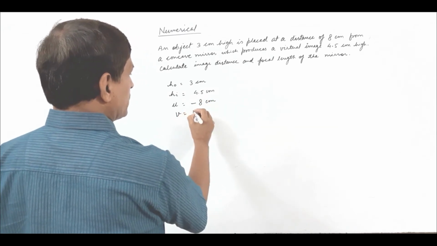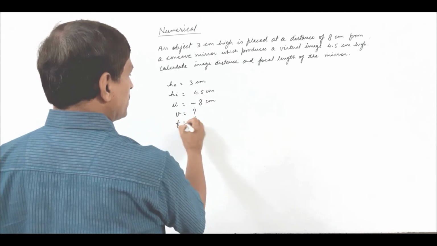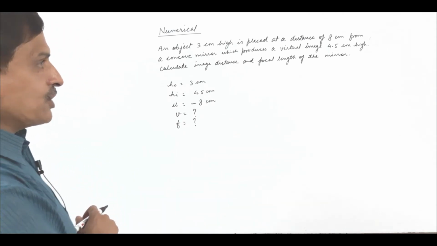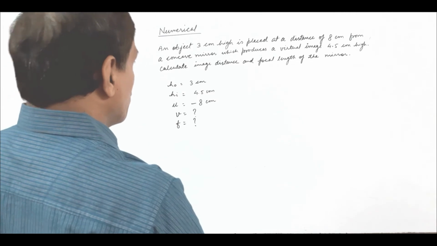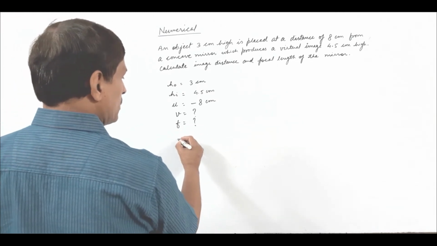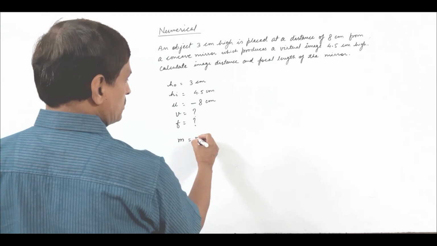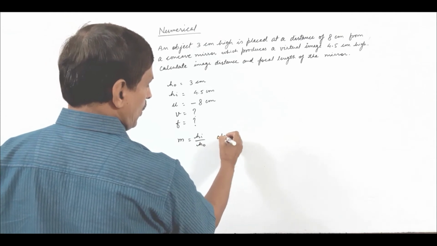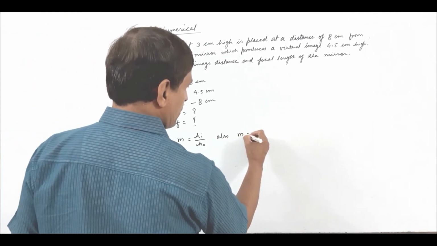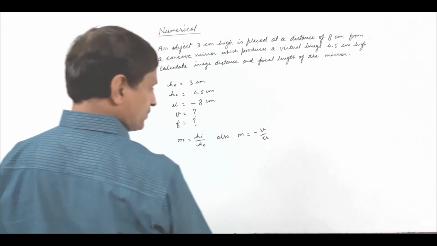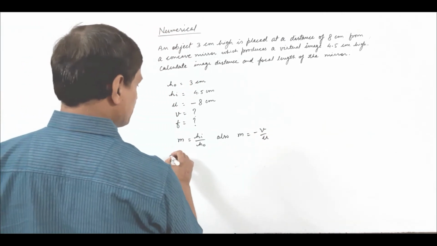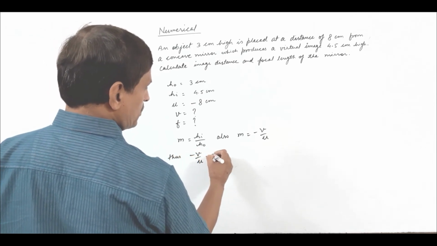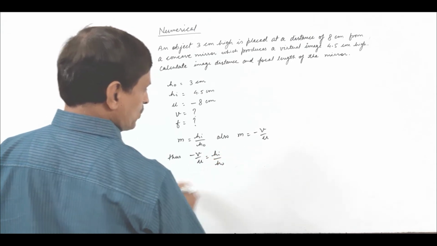We have to find the image distance, we have to find the focal length of the mirror. We first use the magnification formula. We know m is equal to hi upon ho. Also m is equal to minus v upon u, and thus we can say minus v upon u is equal to hi upon ho.